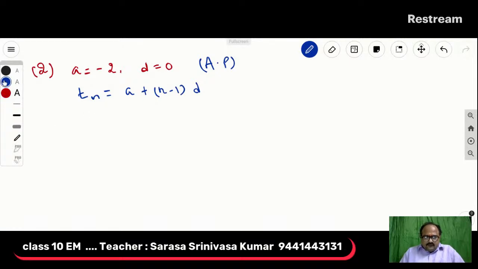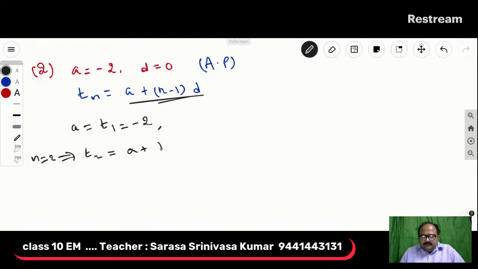Here a equal to the first term, that is equal to minus 2. For n equal to 2, this implies T2 equal to a plus d.